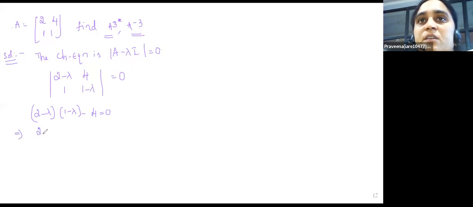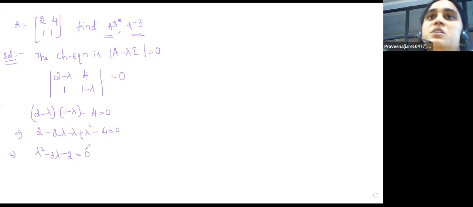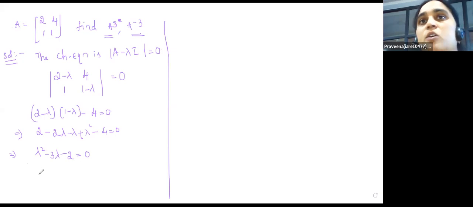Then 2 minus 2 lambda minus lambda plus lambda square minus 4 is equal to 0. From that, lambda square minus 3 lambda minus 2 is equal to 0. All of you got it? Is it correct or wrong? Once you check it. Is the polynomial correct?